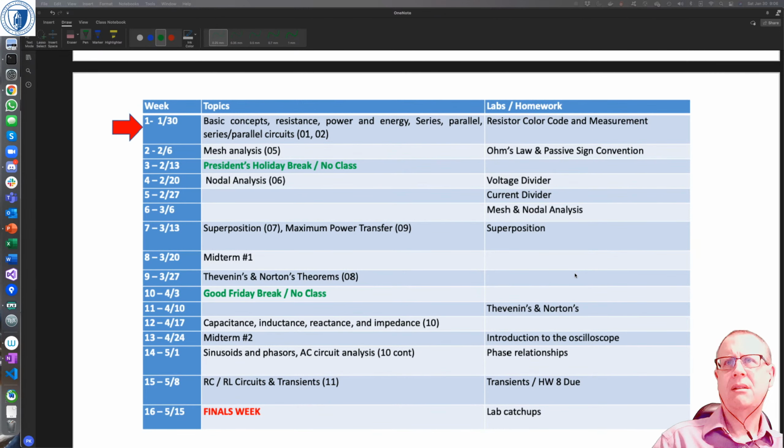Looks like we have two breaks: the President's Holiday break on the 13th of February, and the Good Friday break on April 3rd. But other than that, that's the list.